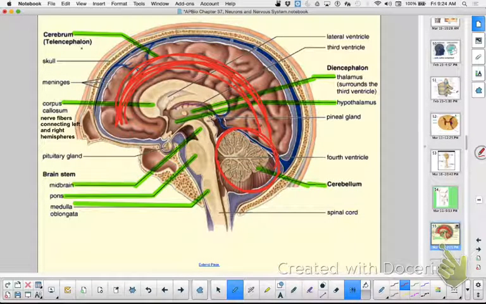Your frontal lobe is what sends motor information out. Your frontal lobe would say, lift your arm, move it to the left. Your cerebellum would try to make it all graceful and coordinated.